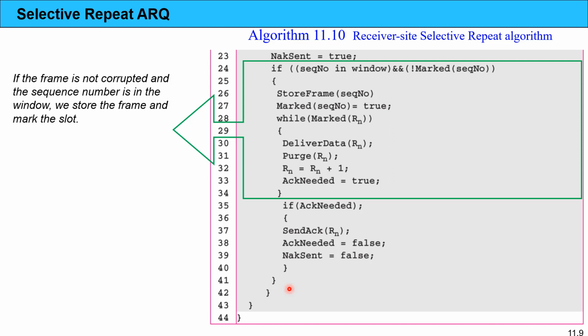So in any case, if I receive a frame correctly without error and within my window, I will store it first. But I will deliver it only if it's in order. In this case, I will deliver it to the network layer, shift my window, and send acknowledgement.